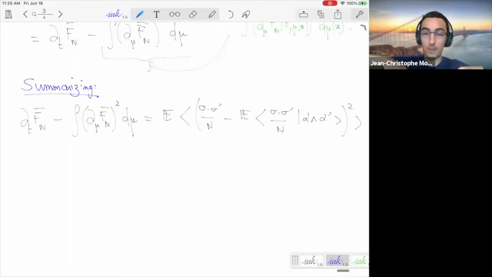And so, in fact, with high probability, the sigma overlap and the alpha overlaps will be synchronized.